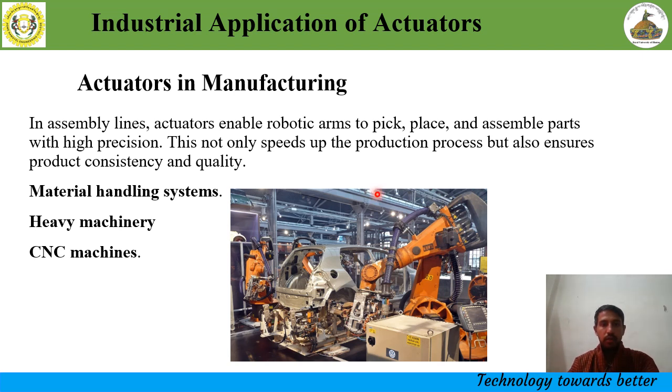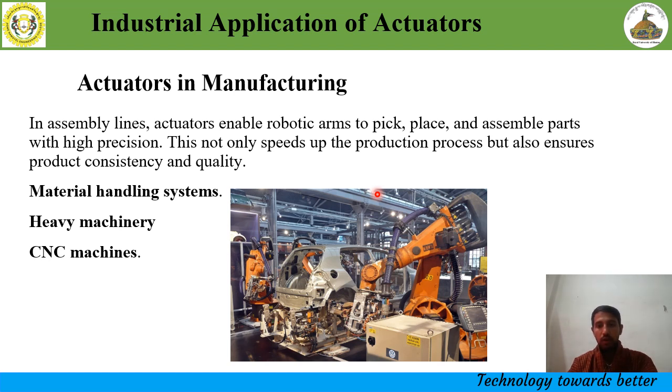Now let us discuss the industrial applications of actuators. Firstly, actuators are used in manufacturing industries. In assembly lines, robot actuators are used to pick a heavy object or place an object onto an assembly line.